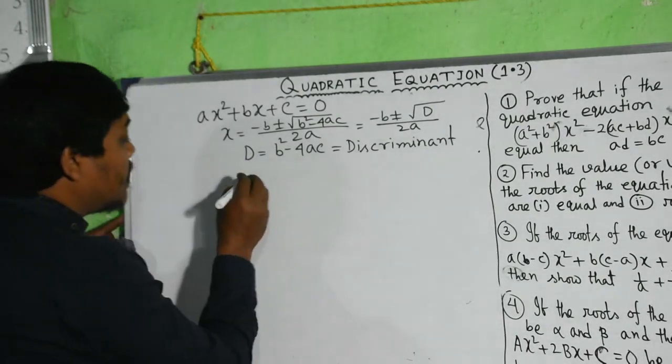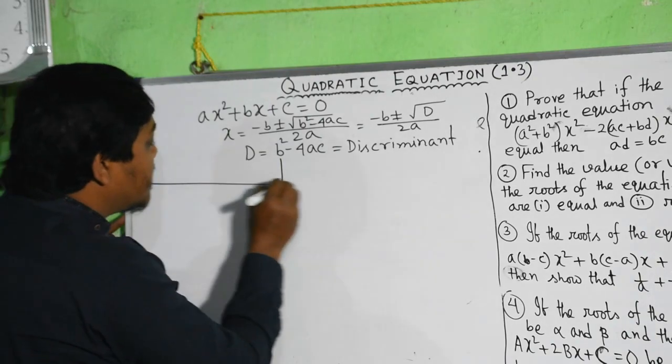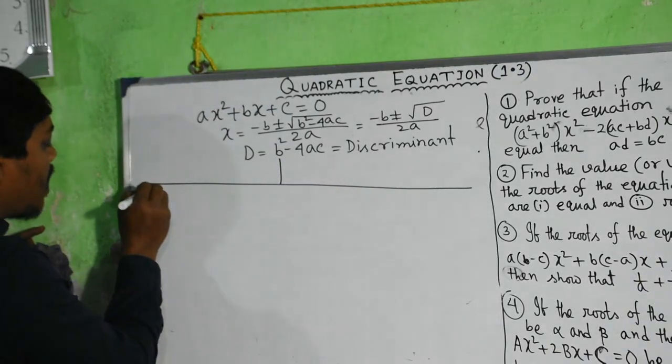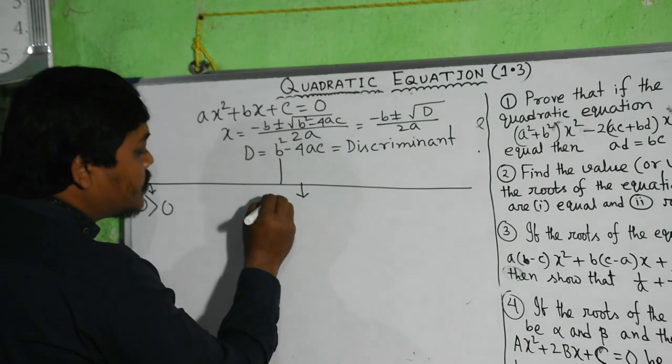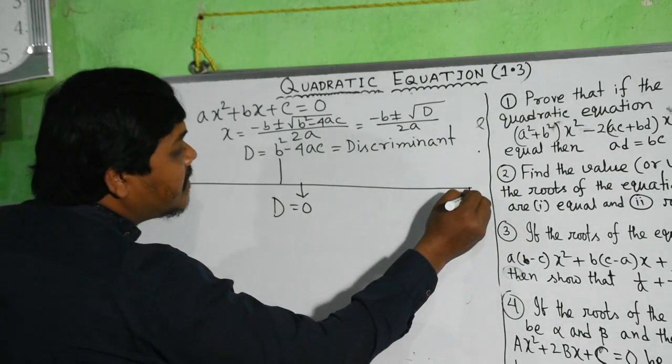I have taken 3 cases: D greater than 0, D equals 0 and D less than 0.